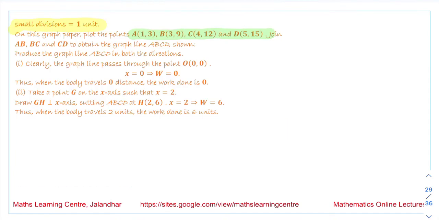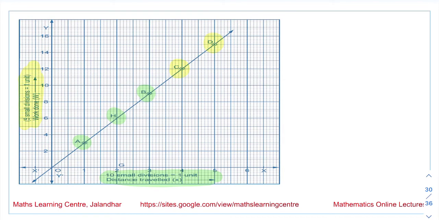Now from the graph we have to tell, when the distance traveled is 0 units and 2 units, what is the value of the work done. Corresponding to the distance traveled 0 units, we have this point, the origin, and corresponding to the distance traveled 2 units, we have this point over here. We join these 2 points and we obtain the value of work done corresponding to this point.